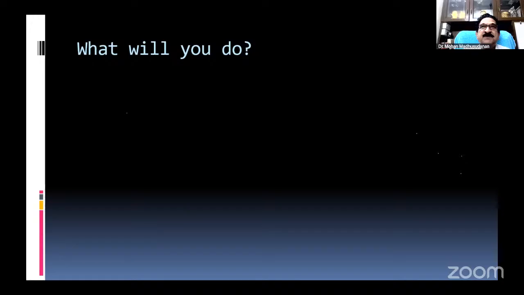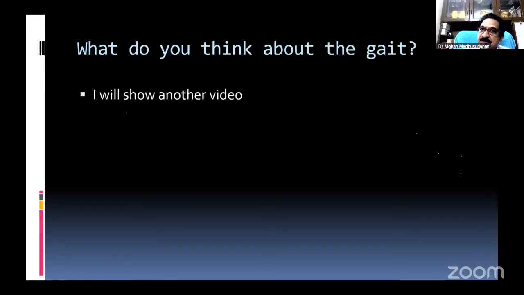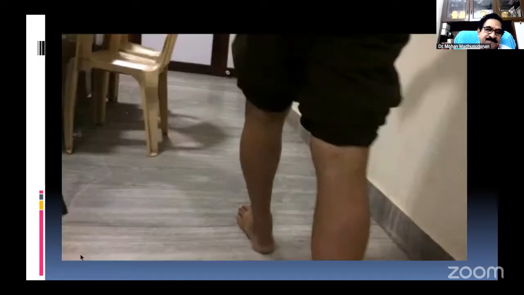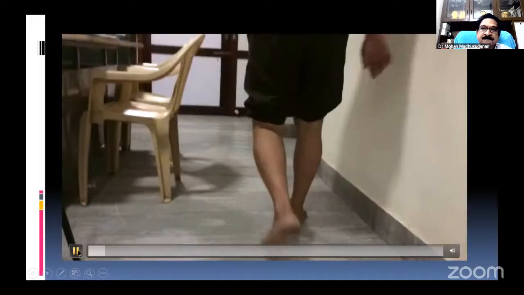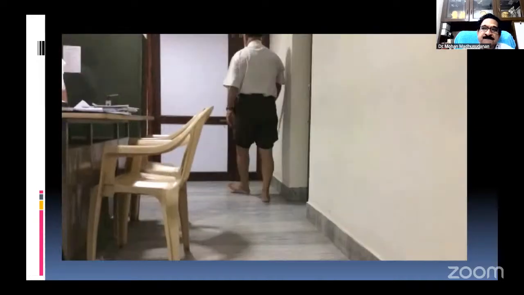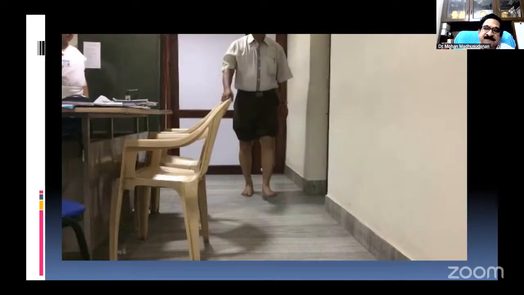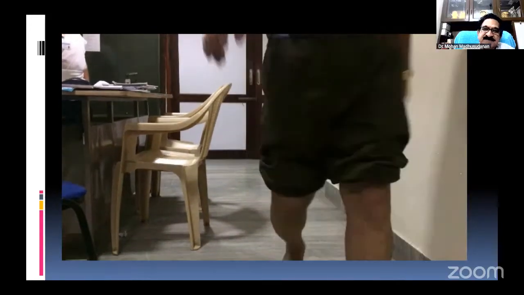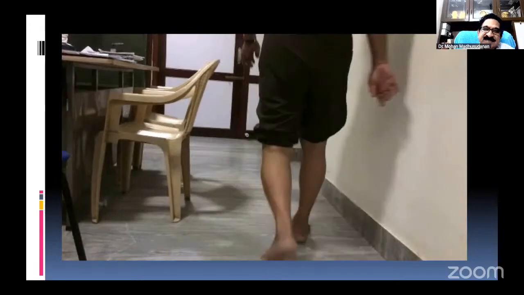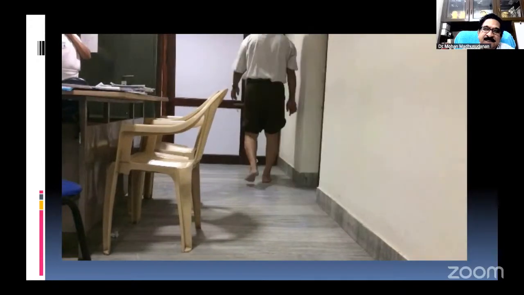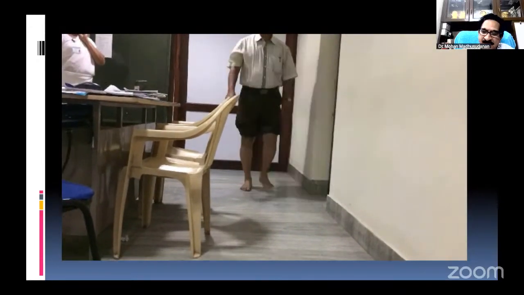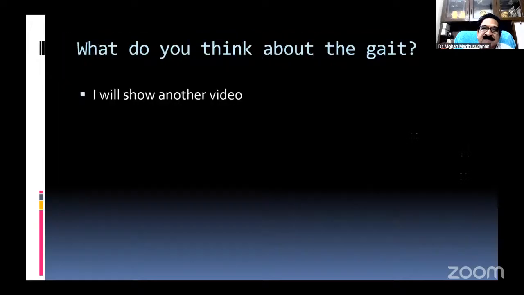Okay, so what will you do now? I want you to look at the gait once again. I will show another video. This video I showed some time back, long back. Look at this patient's gait. Do you think the gait is almost similar to this patient? Look at the gait of the patient.